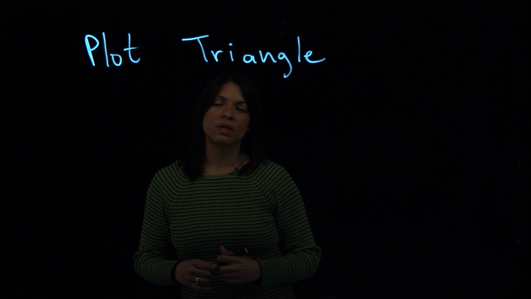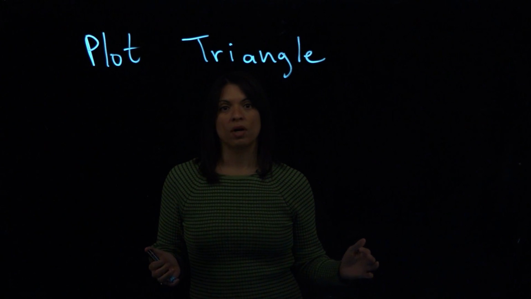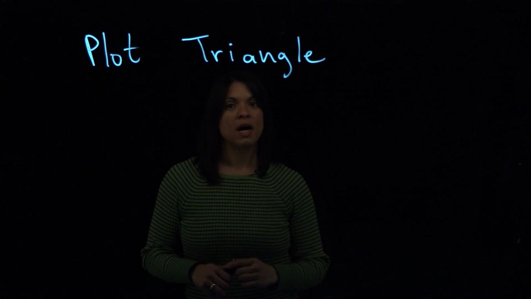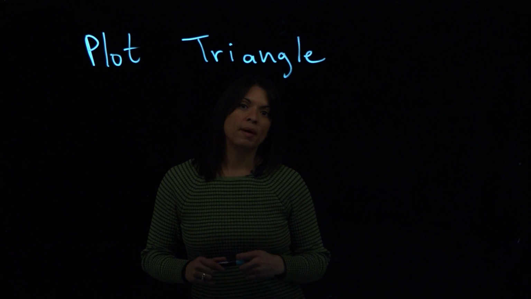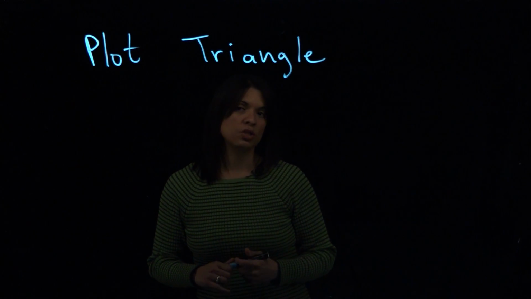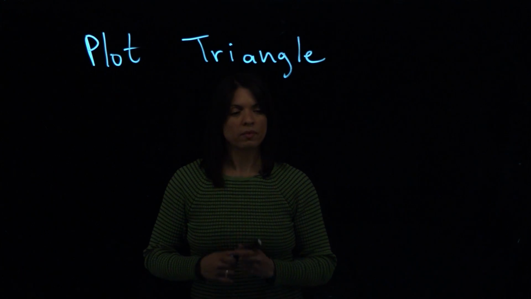Plot is one of those craft elements that you can use to develop your ideas in a story. So if you are assigned a literacy narrative or a memoir essay to write for English 1101, you'll definitely want to consider your plot.